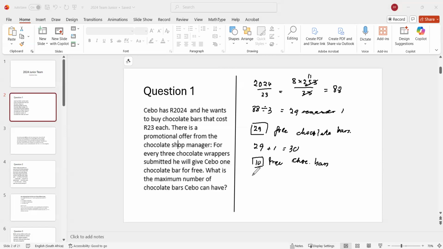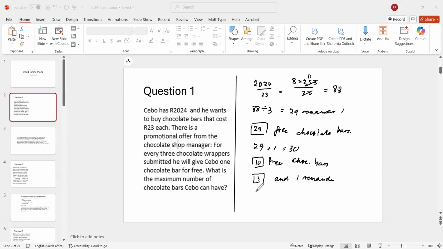Now with those 10, he can make 3 and 1 remainder. 3 goes into 10 three times, so you can make 3.